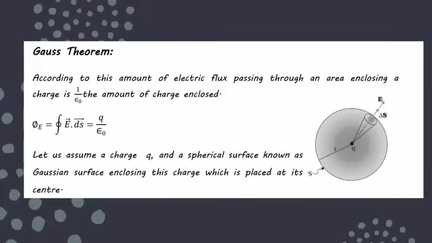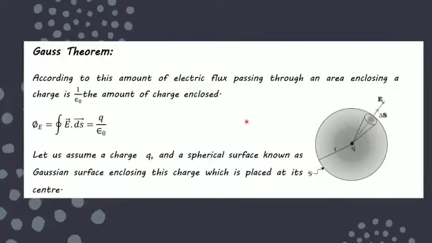A very important topic, which you will be doing with the knowledge of electric flux and area vector. The topic is that you have to state Gauss theorem. Gauss has given a theorem. According to this, whatever flux is passing through a surface enclosing a charge is equal to 1 upon epsilon naught times the charge enclosed by that surface.